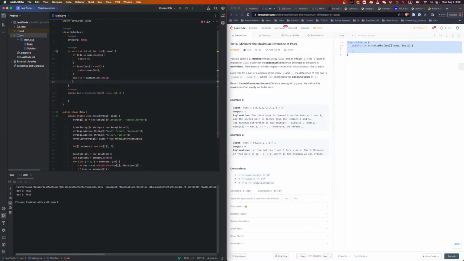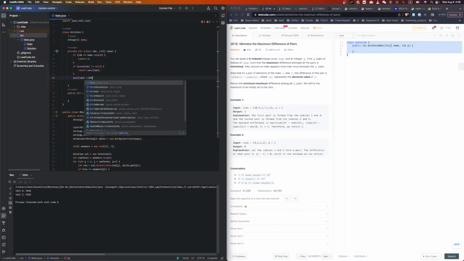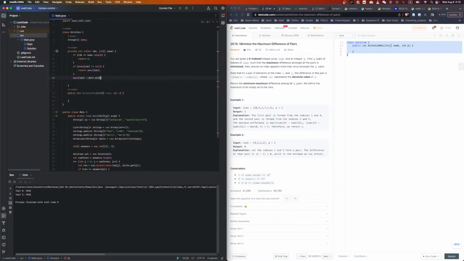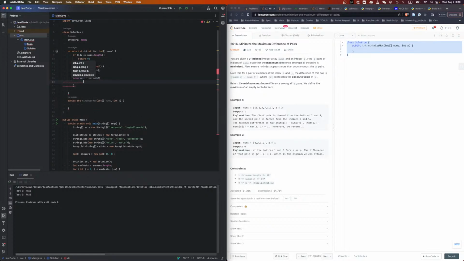One is, I probably can just say memo index shall equal to Math.min of the max value, right?